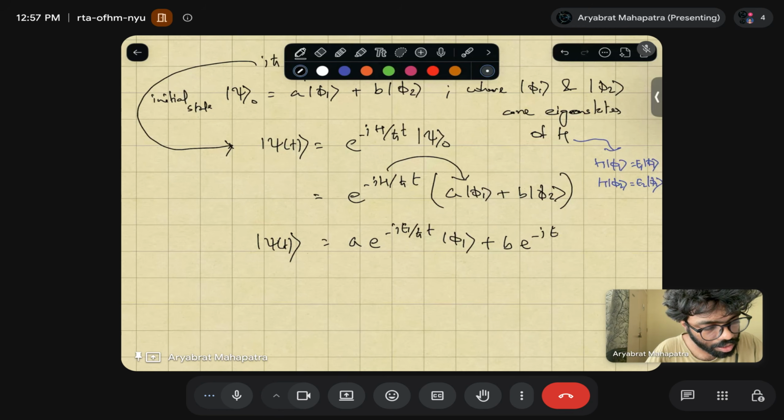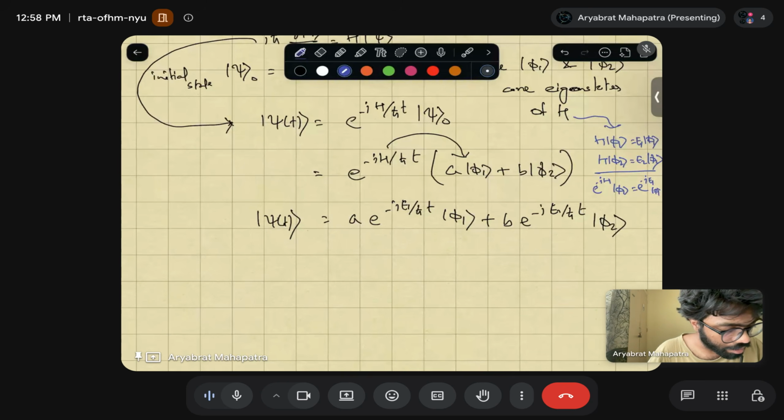So with that, I can write this psi of t to be this, the same way I have written with that idea.